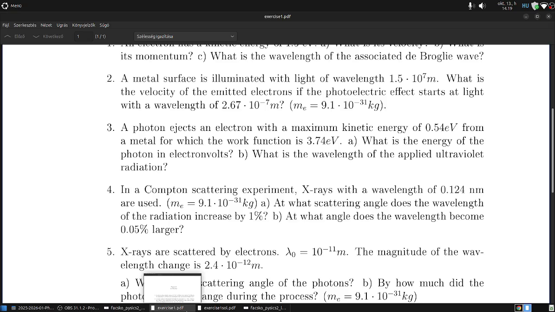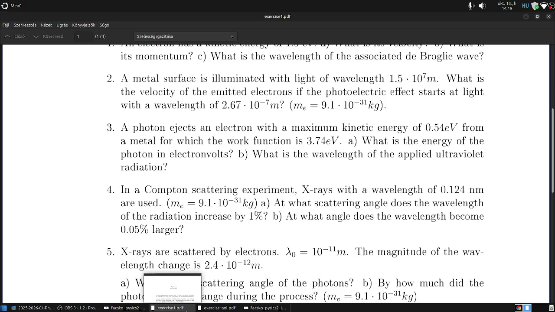We have a photon. This is the photoelectric effect. We have a photon, it hits an electron that is close to the surface of the material, so it could leave it.